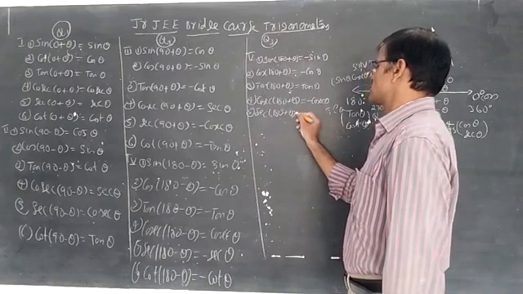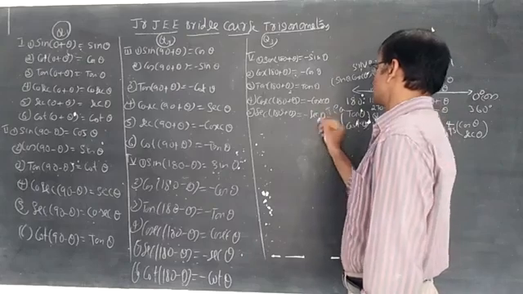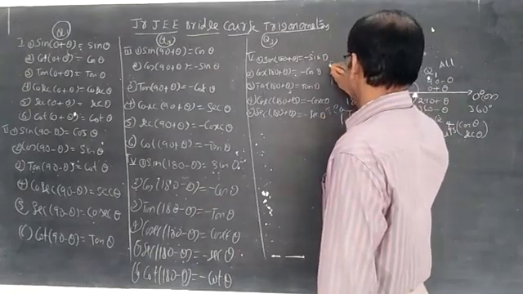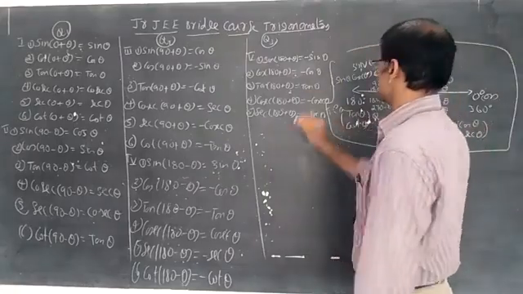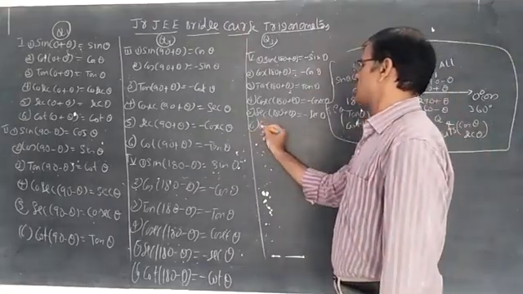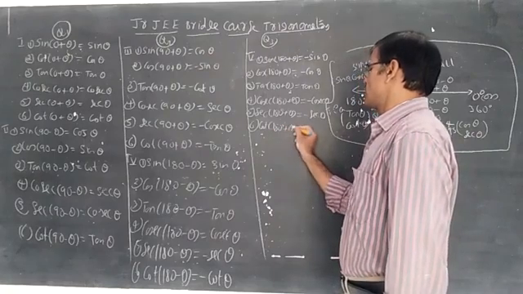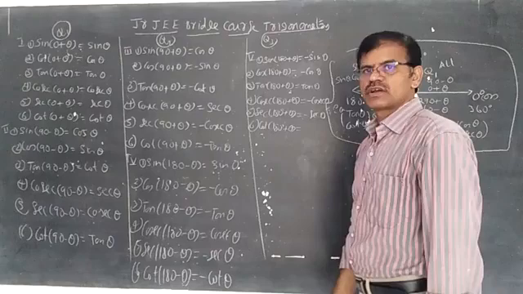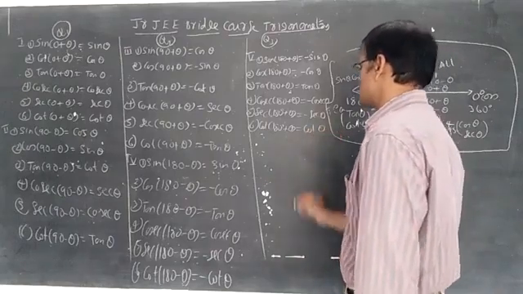Secant of 180 plus theta becomes minus secant theta. The sixth one, cot of 180 plus theta. Cot and tan are both positive in the third quadrant, that is why cot of 180 plus theta becomes cot theta.